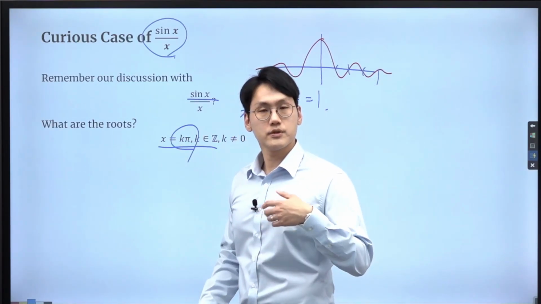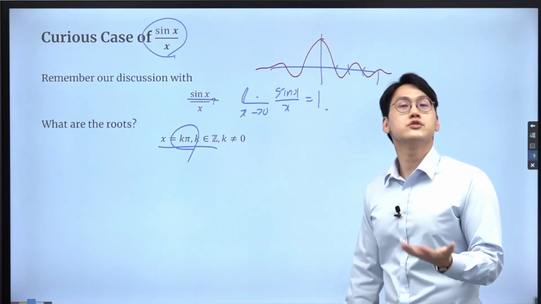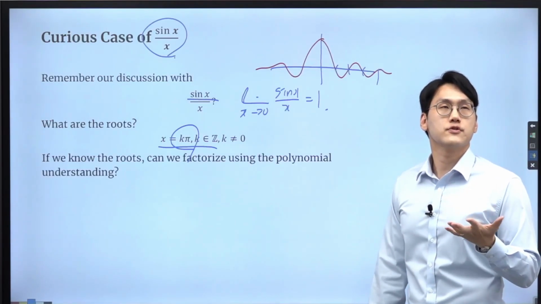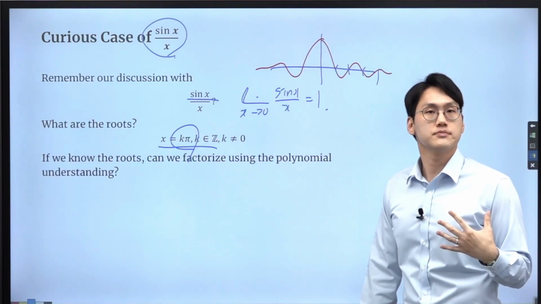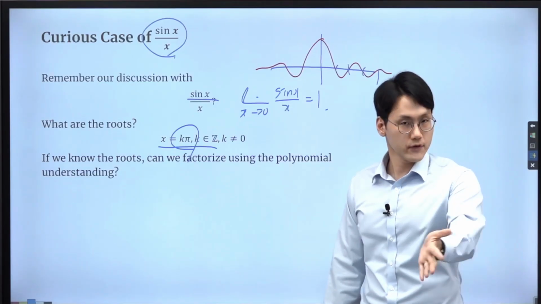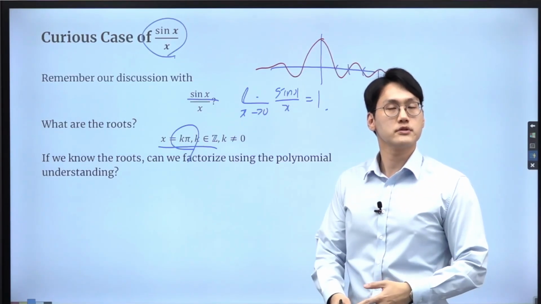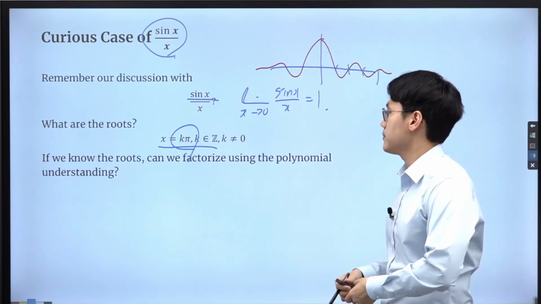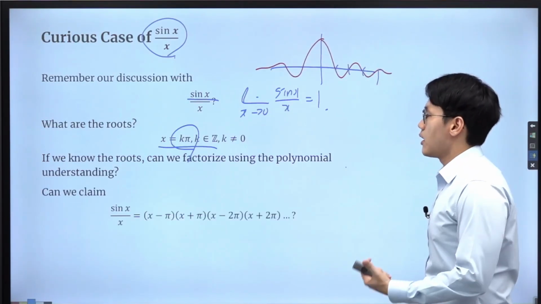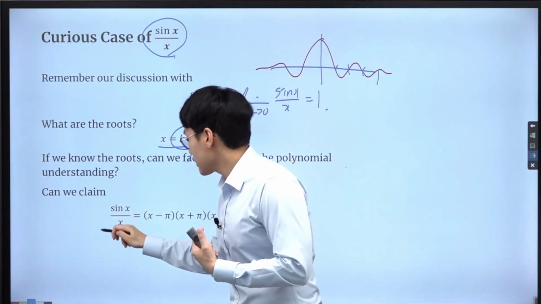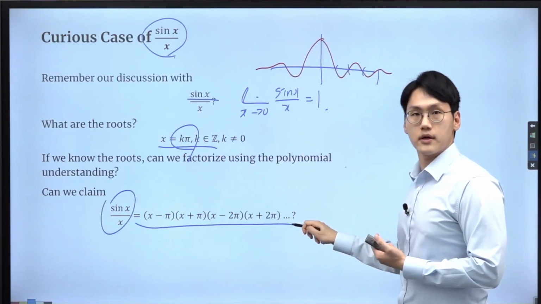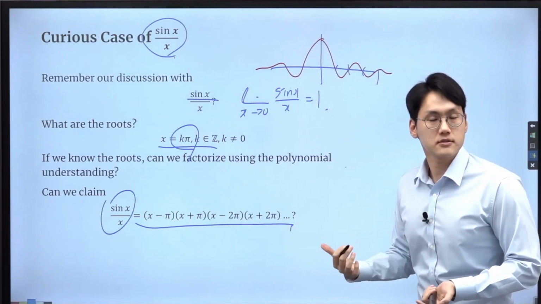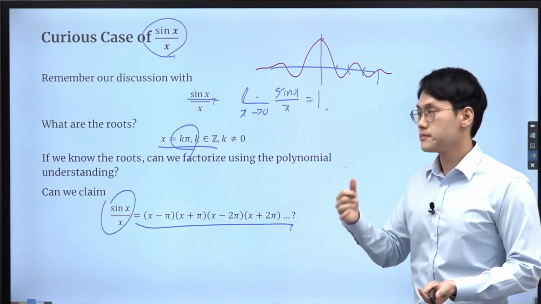But here's the thing, when you see the roots, the very natural thing for us to consider is maybe the polynomial expression, because if you have the roots, you can find a linear factor, and if you multiply all those linear factors, that's going to be the same representation of the function. So let's try to use the factor theorem. What I claim here, my friend, is that sin x over x will be factorized as the following, because that's precisely its roots.